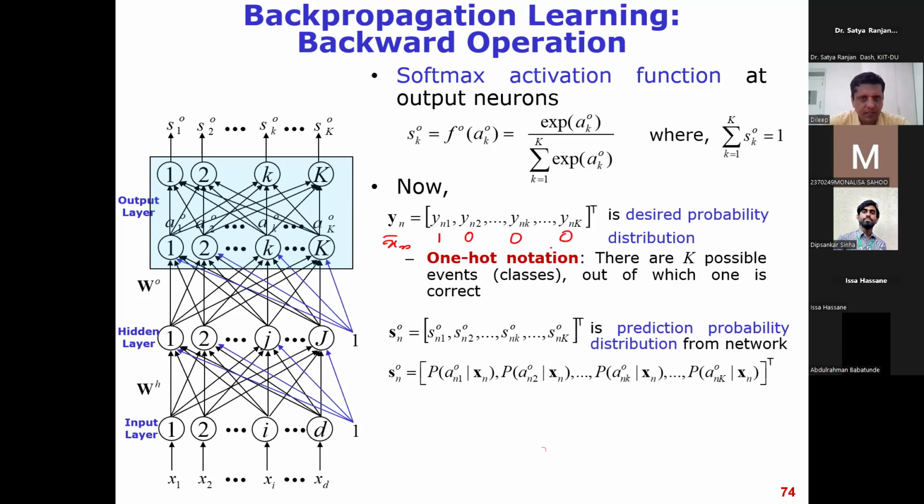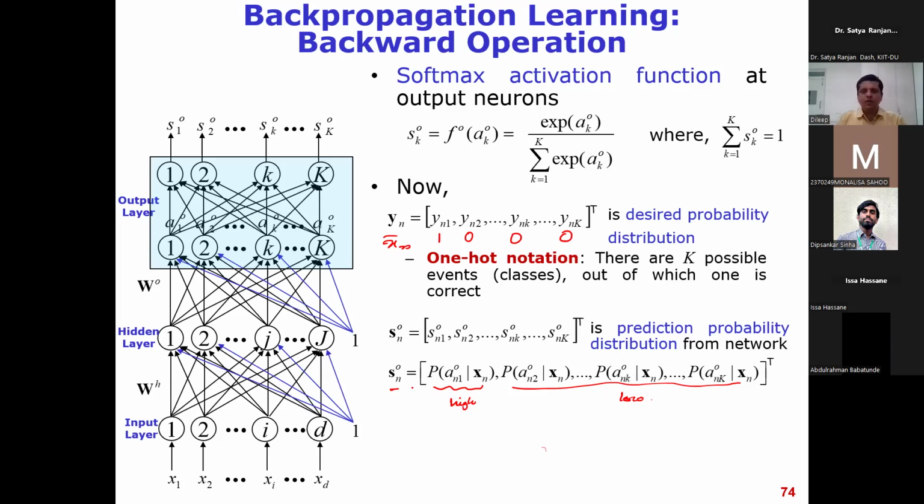If it actually belongs to that class, this probability should be high and all the other values should be very close to 0, because the sum of all these probabilities should be equal to 1, right? Are you with me on that? That is the output we are getting.